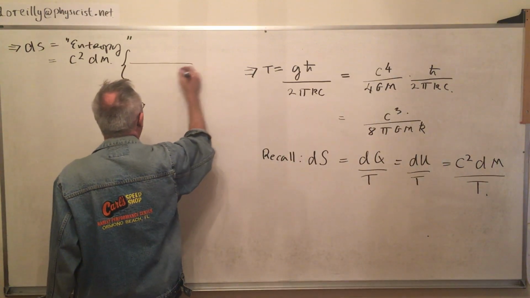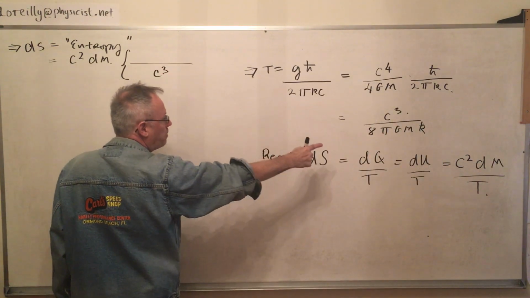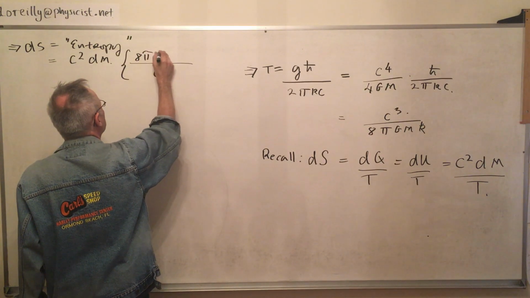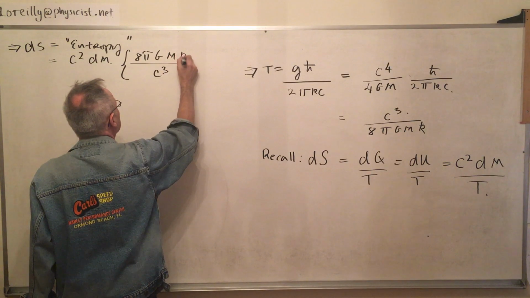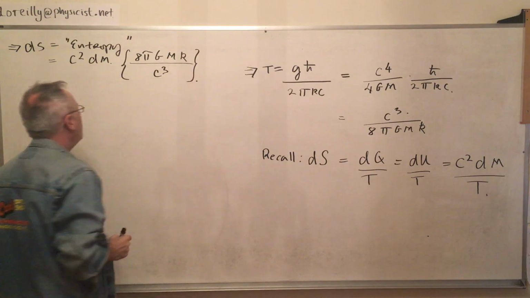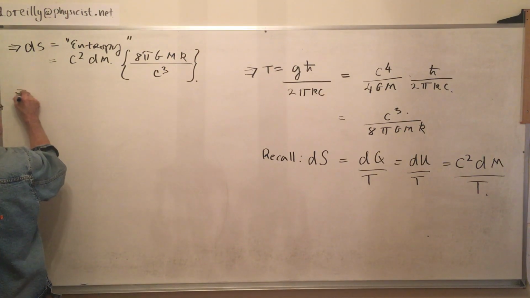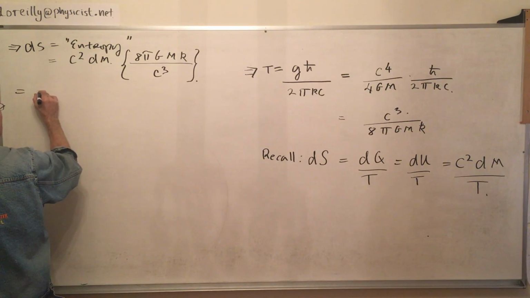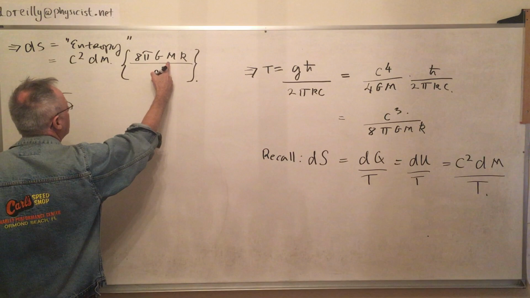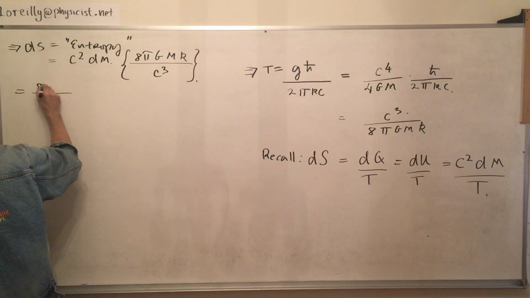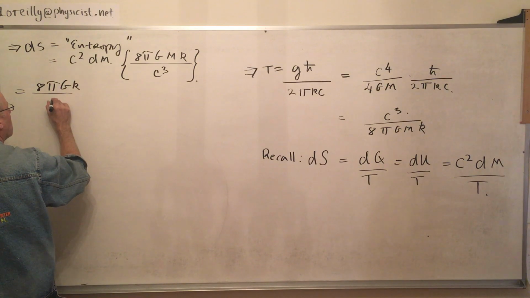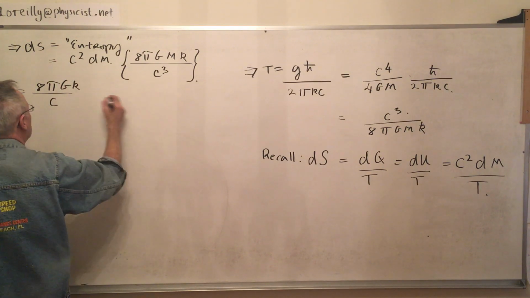So c cubed is downstairs, and 8 pi G m k is upstairs. Now we have a very interesting little thing that's coming into shape. c squared, c, and 8 pi G m k, over c. Anything else?